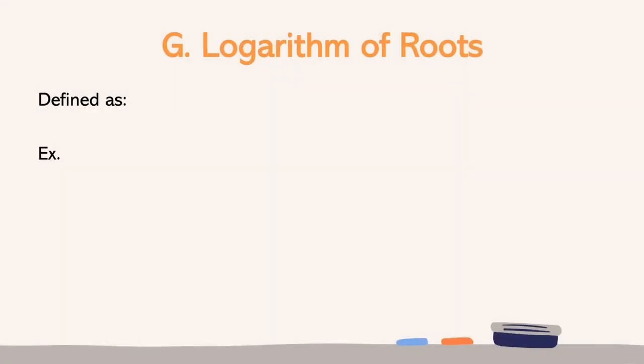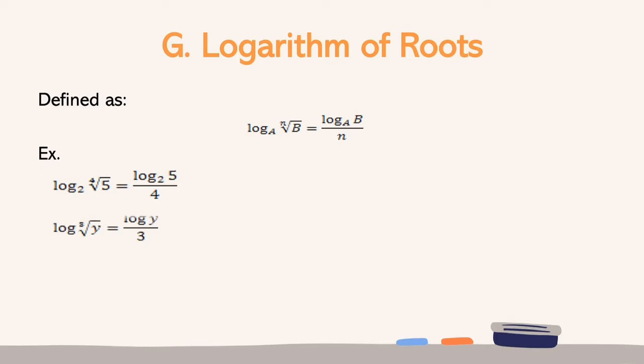The next property to discuss is the logarithm of roots, which is defined as the logarithm of the nth root of b to the base of a is equal to the logarithm of b to the base of a over n. For example, we have the logarithm of the fourth root of 5 to the base of 2 is equal to the logarithm of 5 to the base of 2 over 4. The logarithm of the cube root of y is equal to the logarithm of y over 3.